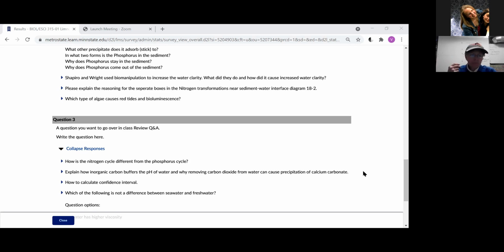Second, a really big important difference is the nitrogen cycle has a gas phase. The atmosphere is full of nitrogen gas. Phosphorus doesn't. I would say those are the two biggest differences. I think there's a third one. Let me think, what's the third one? The third one is maybe the role of microbes in the nitrogen cycle.